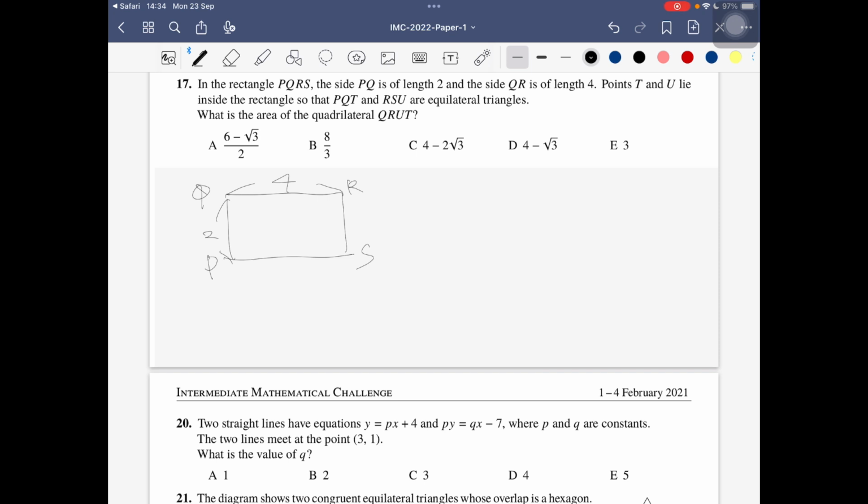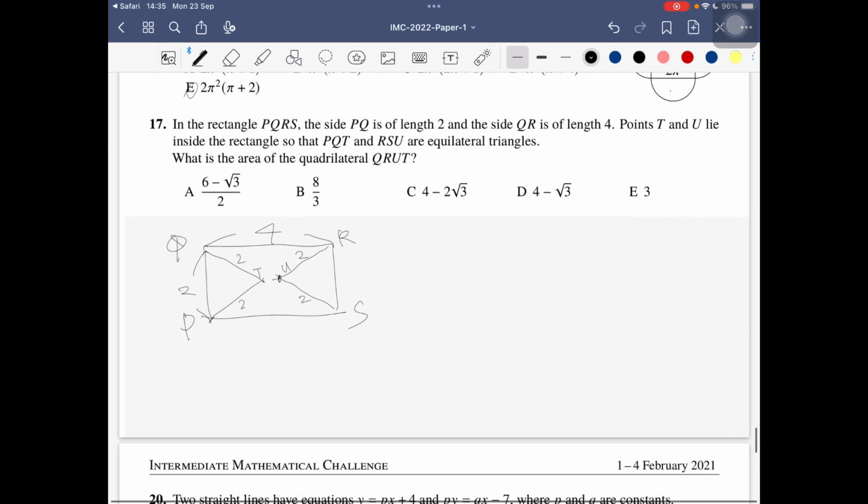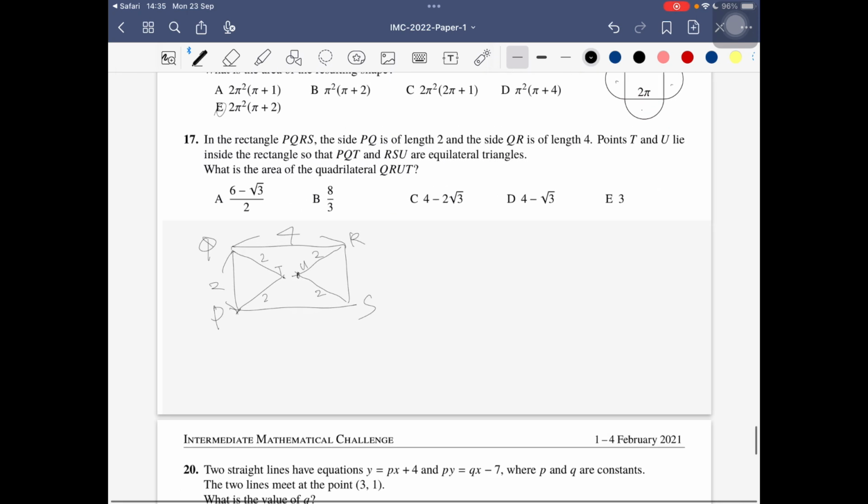PQT is an equilateral triangle, and RST is also an equilateral triangle. RSU, so yeah, I thought it was a little bit strange. So this is not the same. So T and U. What is the area of quadrilateral QRUT?